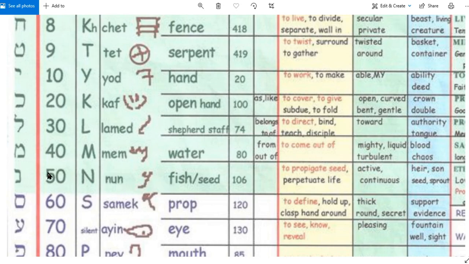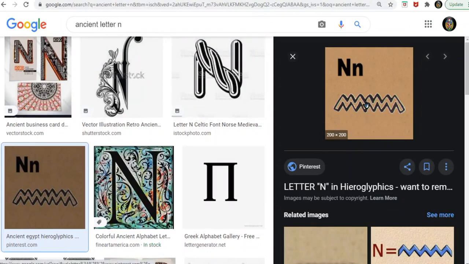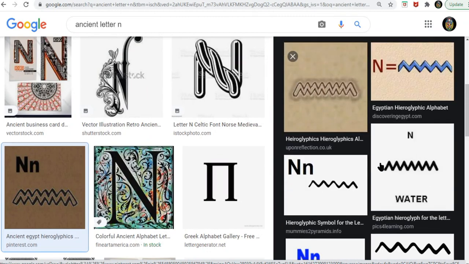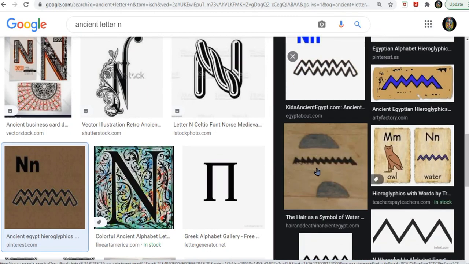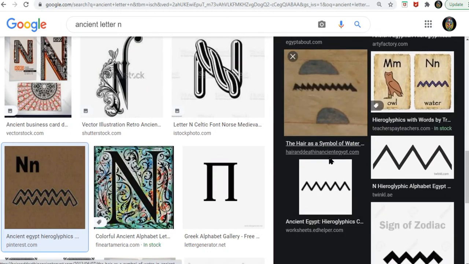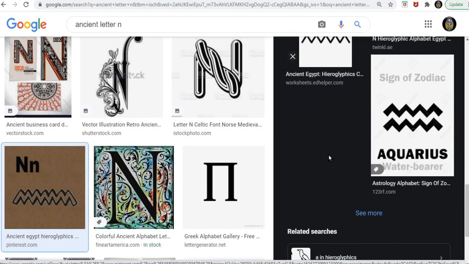And so it actually says fish, fish. This is your ancient letter N. It meant the cycle of waters. And 2 of them is the sign of Aquarius. And that's what he was doing. He was calling in for a new martyr. Hey, it's time for a new martyr. It's the age of Aquarius.